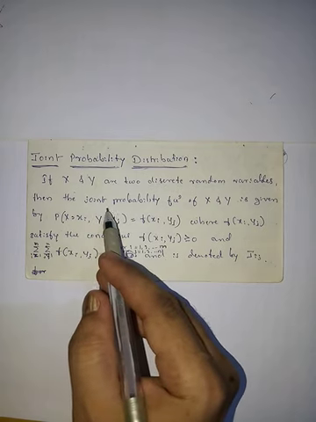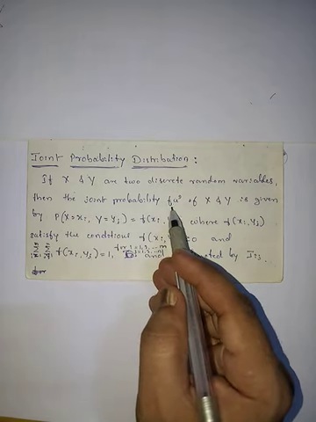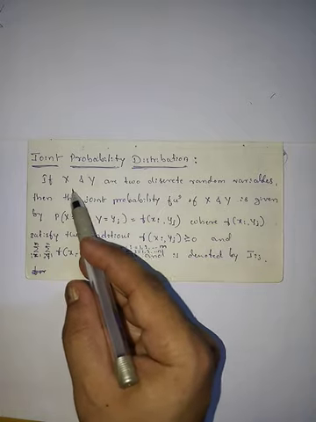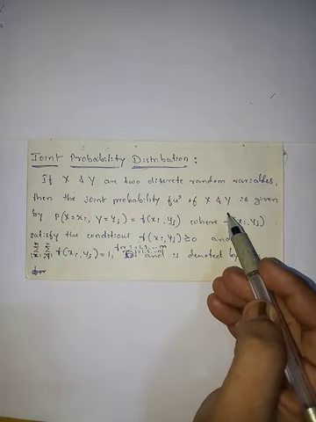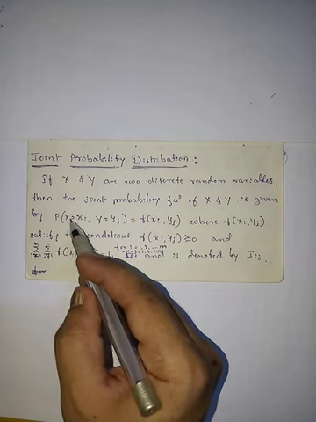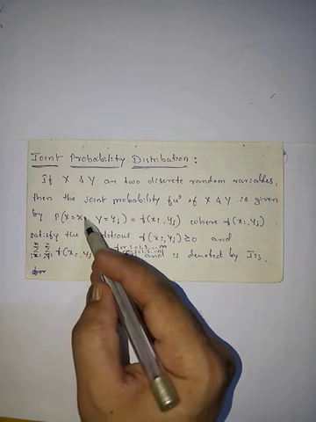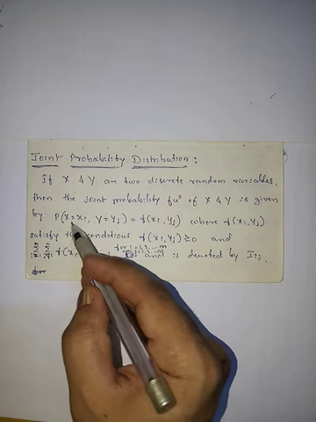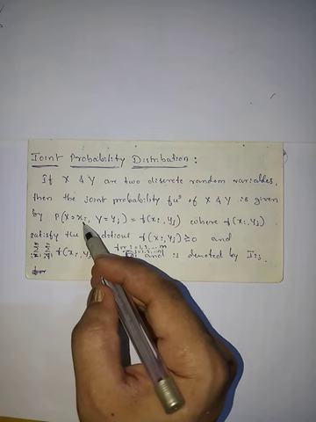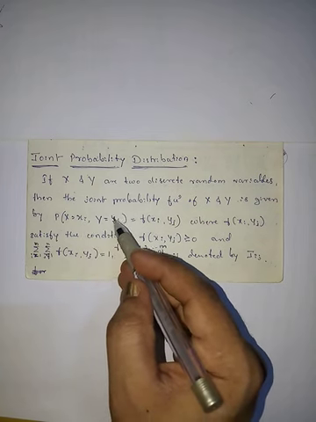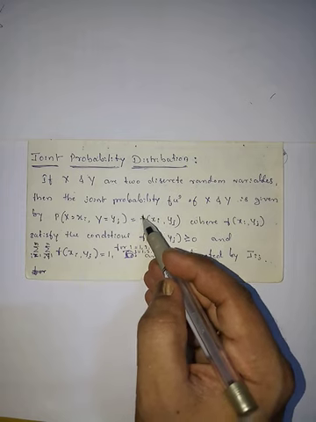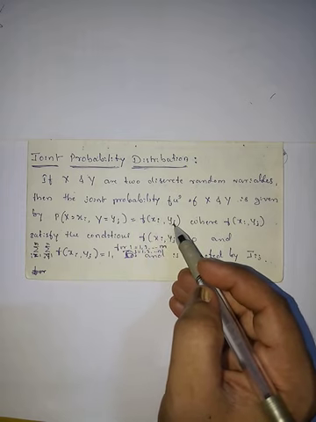Then the joint probability function of x and y, meaning the combinations of the values of these x and y, is given by p of capital X equal to xi. So this xi, the values of capital X, this capital X takes the values xi and capital Y takes the values yj, which we also denote as f of xi comma yj.